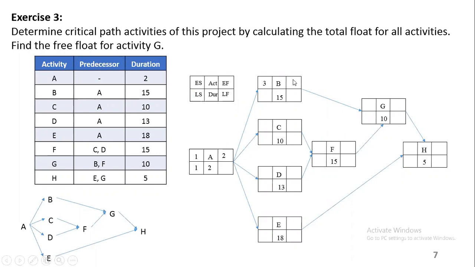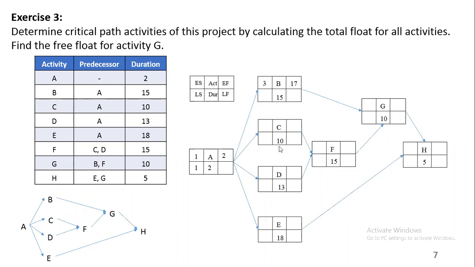Okay, and then 3 plus 15, 18, minus 1, 17. Again, we cannot go to G because we are not done with F yet.